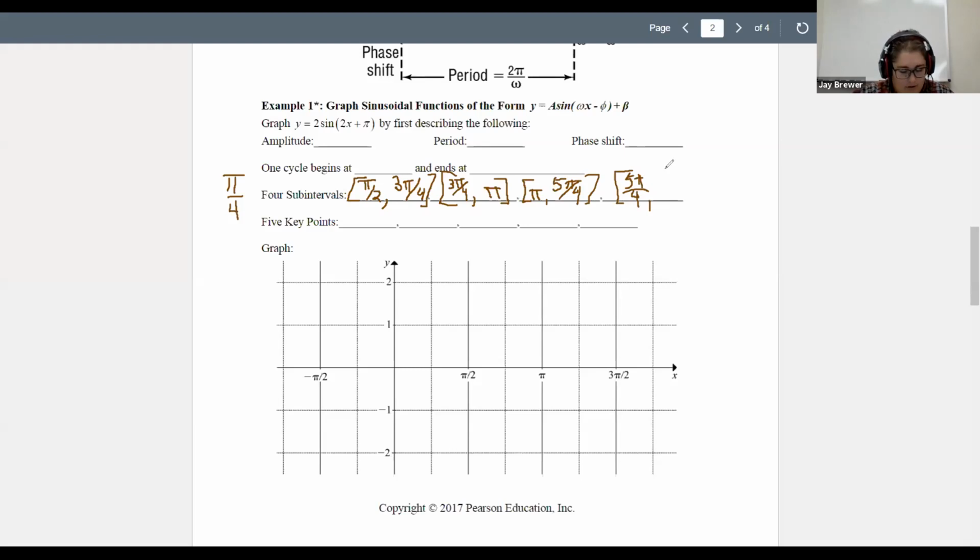If you have a hard time figuring out your key points before you graph them, you can always use Desmos first, graph it, and then it kind of shows you your key points.